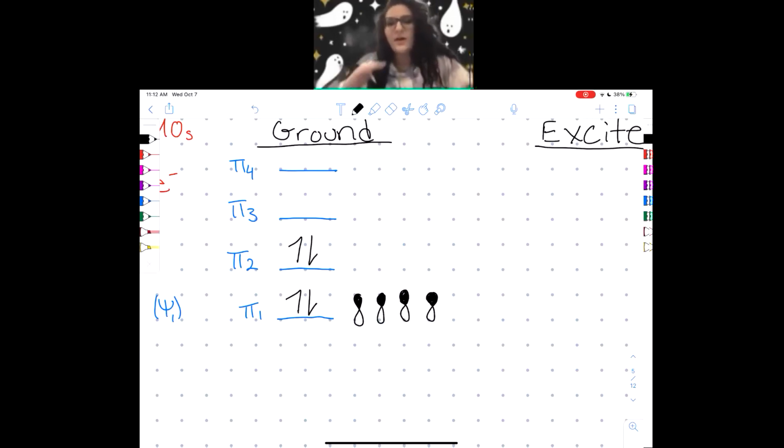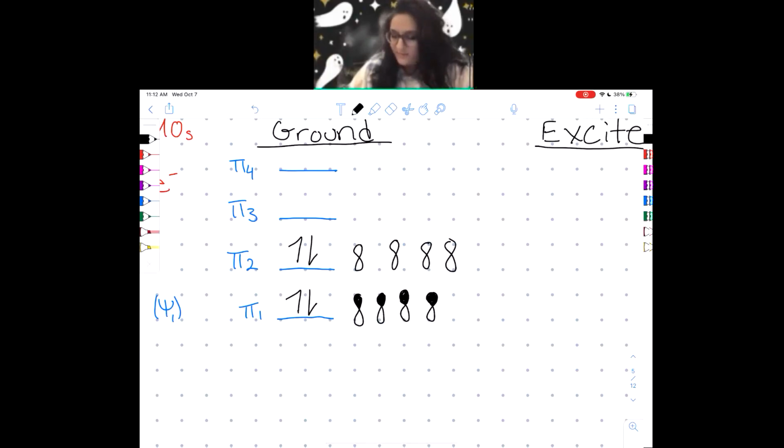Every time we go up one energy level, we're going to add a node. A node is essentially a line between the orbitals, and at the node, you flip which side is filled in. So now we have half of them pointing up, half pointing down.